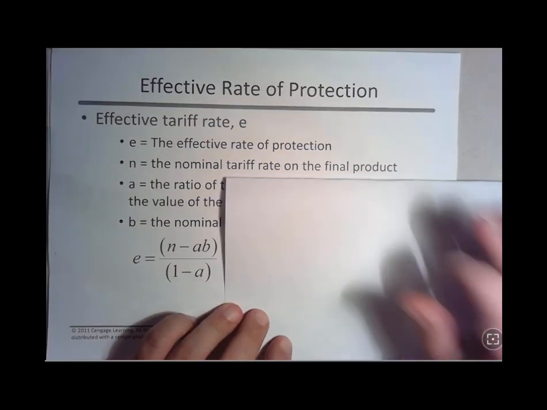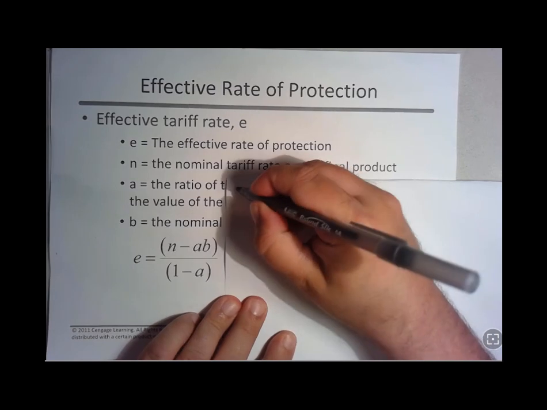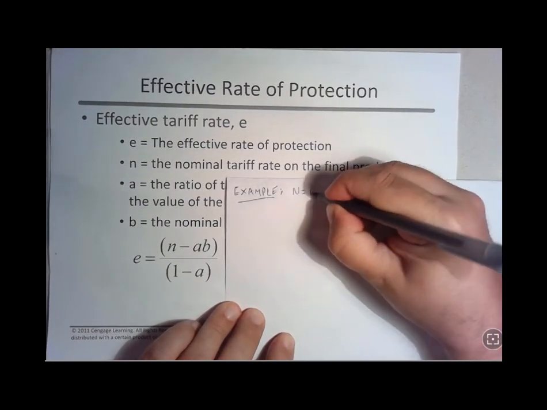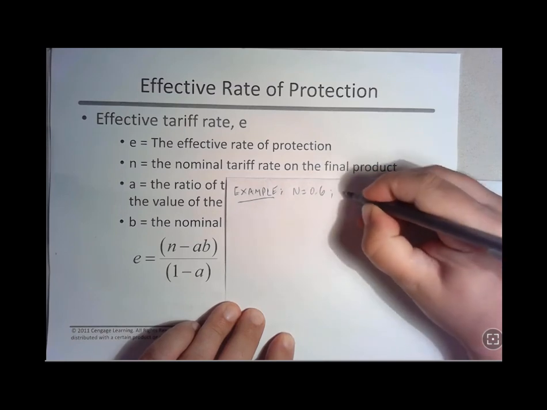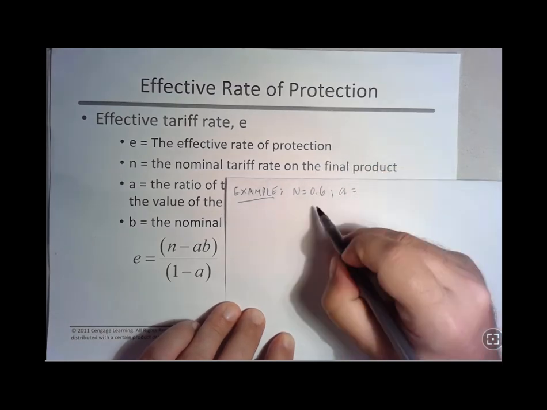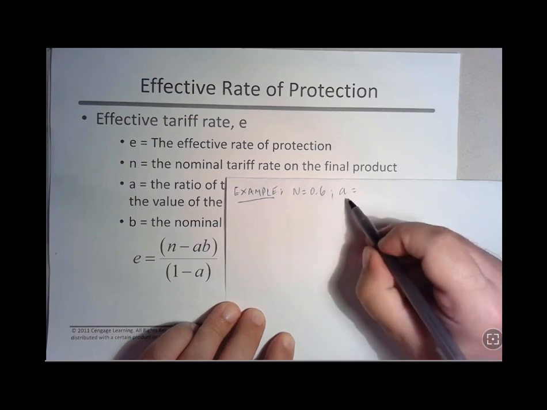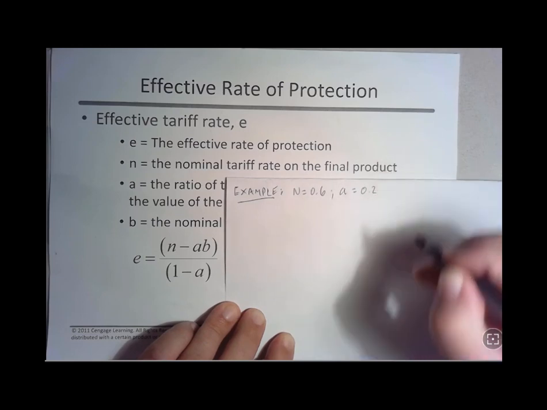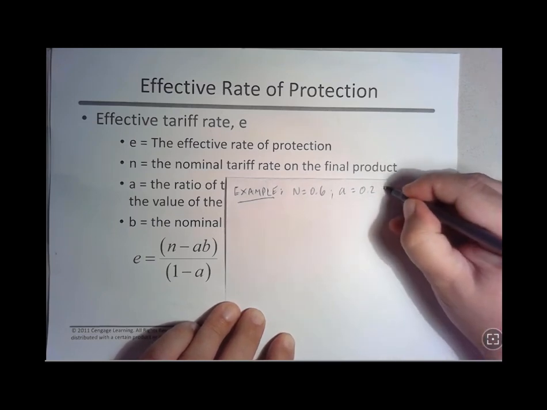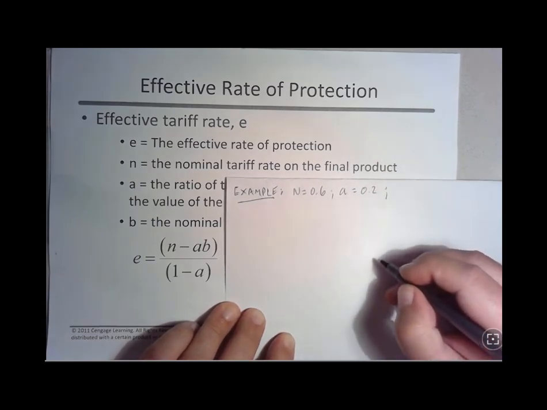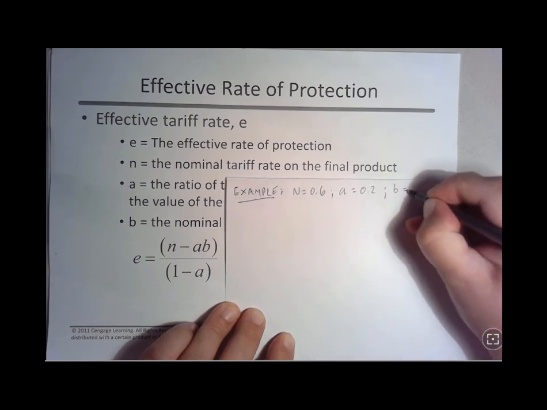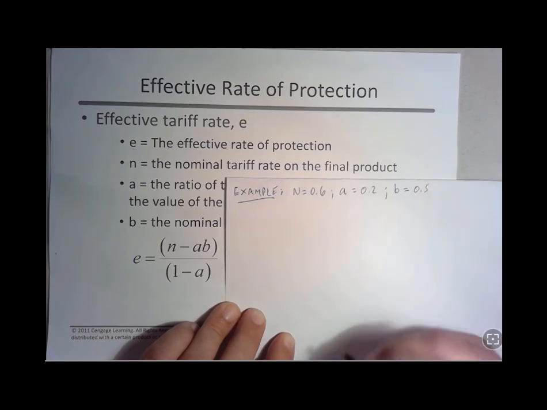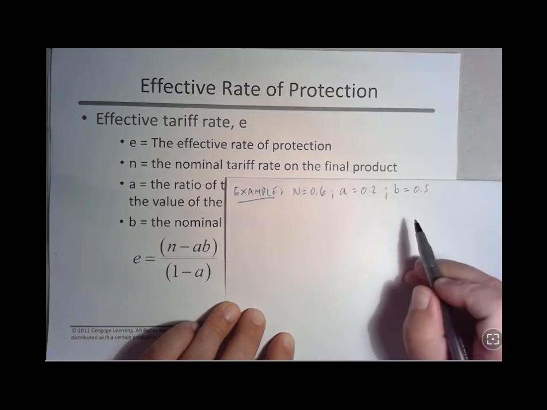So let's do an example. Let's say that N is equal to 0.6, which is the tariff on the final product. What we're going to import represents about 20% of the value of the final product, so A equals 0.2, and the tax on that intermediary input is 50%, the same as to say 0.5.